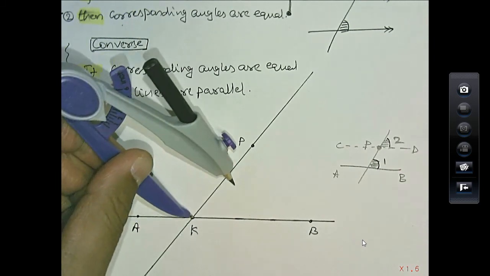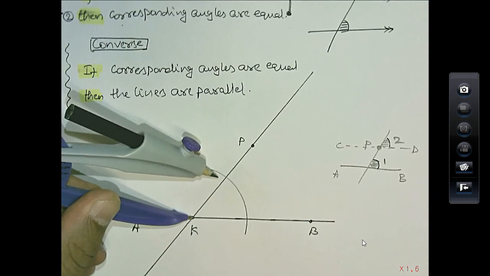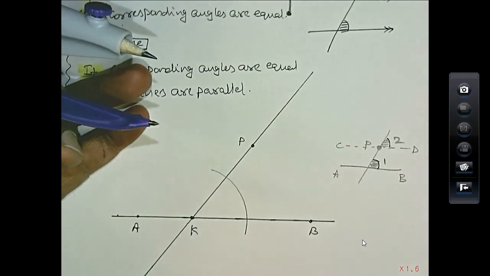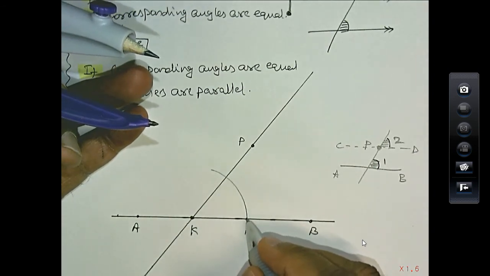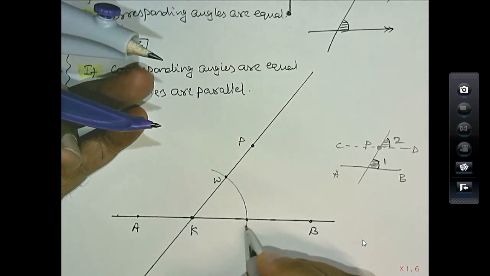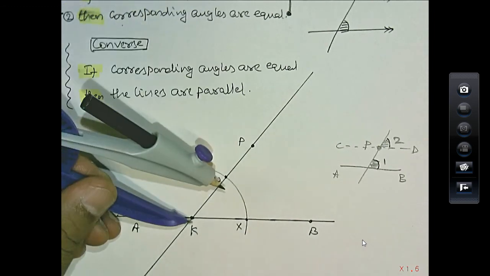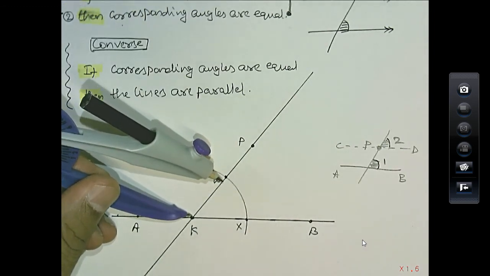I'm drawing an arc. Let's say that it's intersecting at point W and point X. So an arc is drawn from point K.